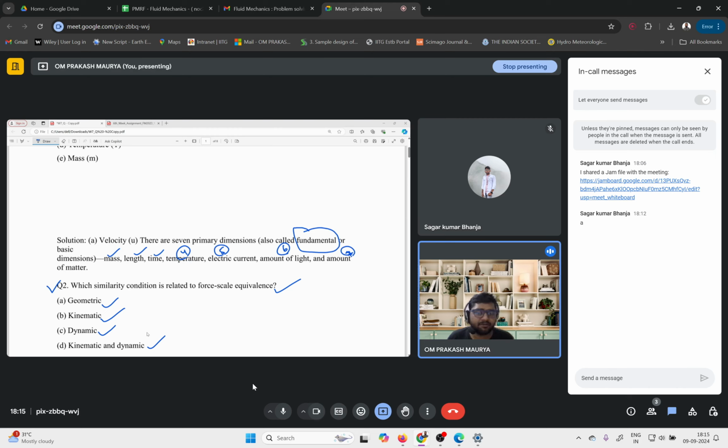So please you can write your answer, then I will discuss all these 3 similarities in detail. So you can write your answer in the chat box.